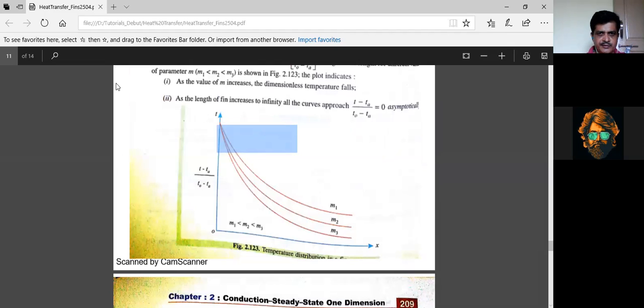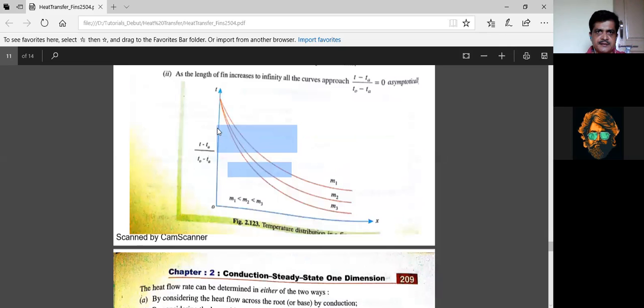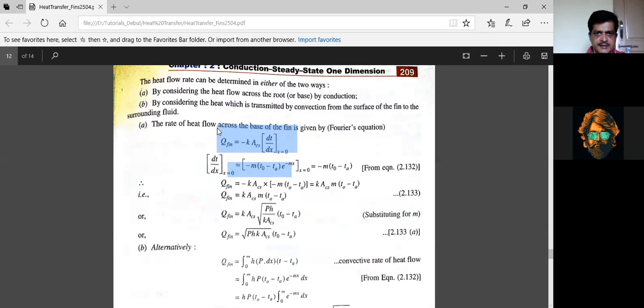Look here, this is the equation. Theta, that is T minus TA, is equal to T0 minus TA e raised to minus mx. If we differentiate it, dT by dx, we will get minus m into T0 minus TA.